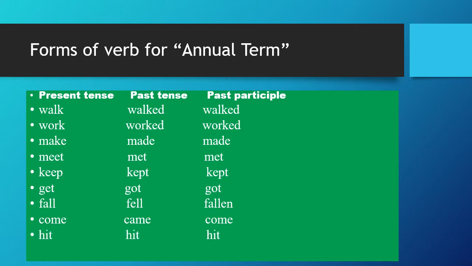Next is hit. Hit means मारना. Hit, hit. Hold. Hold means पकड़ना. Held, held. Hope you understand all of the verbs. Now you have to write them in your notebooks and learn them as well.